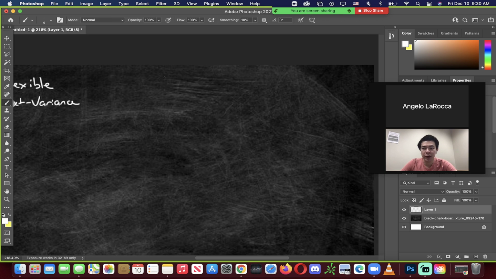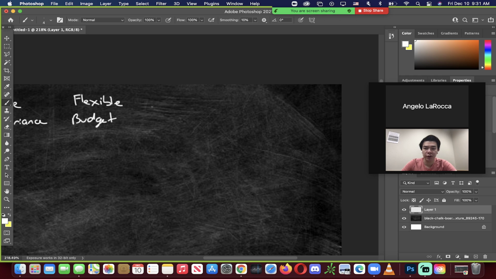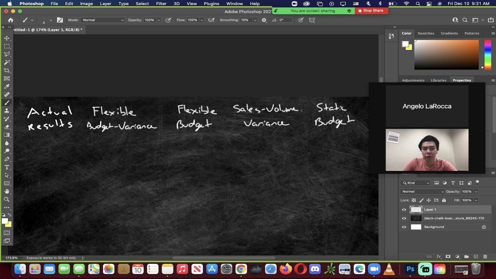Next to that, we're going to have flexible budget. Next to that, we'll have sales volume variance. And to the very right, we'll have static budget. So we have these 5 columns.